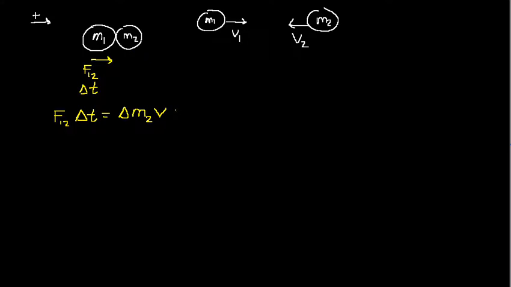So this is going to be M2 V2 final minus M2 V2 initial. That's the change in momentum of the second ball because the first one is exerting a force on it for this time interval.